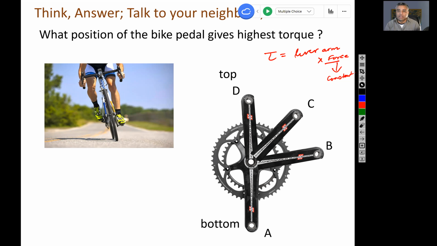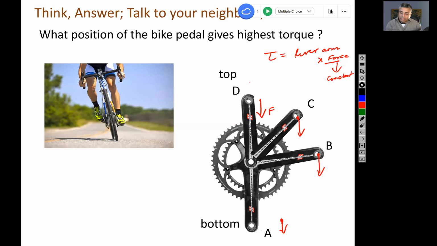And remember, when you are pedaling a bike, next time pay attention: you are pushing the pedal down all the time, not sideways. No matter where the pedal is, you are pushing it down. So force is down here, down here, down here, down there, okay?